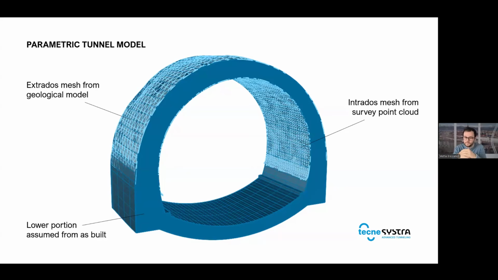actual real thicknesses of the model. Of course, we are sure about the intrados, not about the extrados. That's just a hypothesis. And for the reversed arch at the bottom, we keep the geometry that was in the theoretical section, but we have the ability to move it up or down.